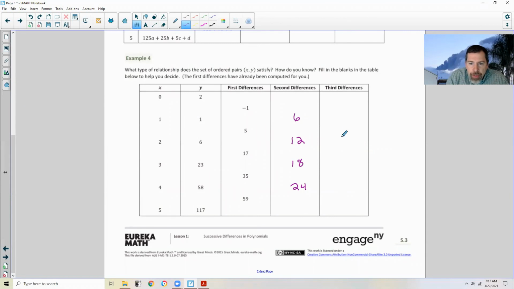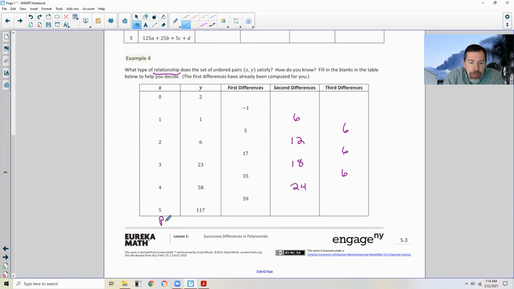Third difference, 12 minus 6 is 6. 18 minus 12 is 6. 24 minus 18 is 6. Okay, so since the third differences are constants, the pairs could represent a cubic relationship between x and y. So this could be, what type of relationship?